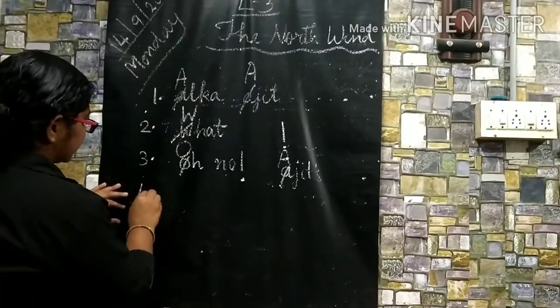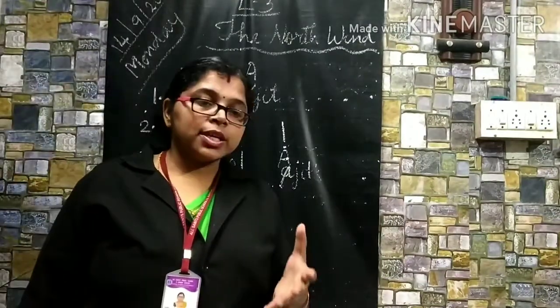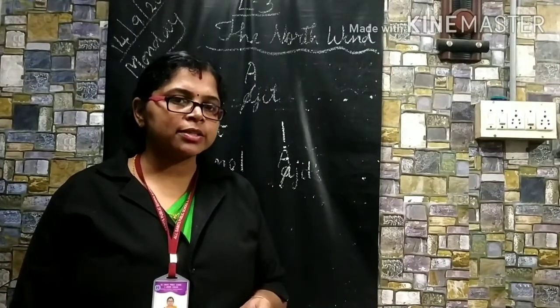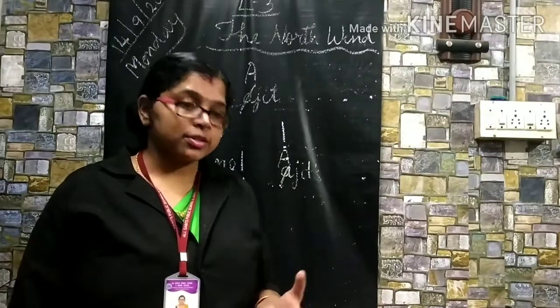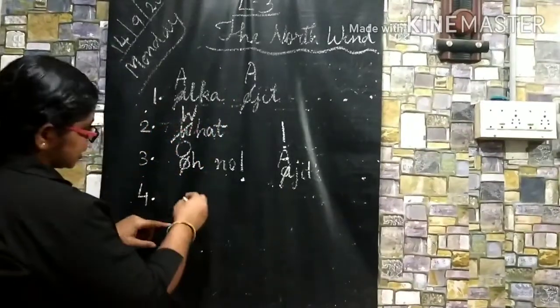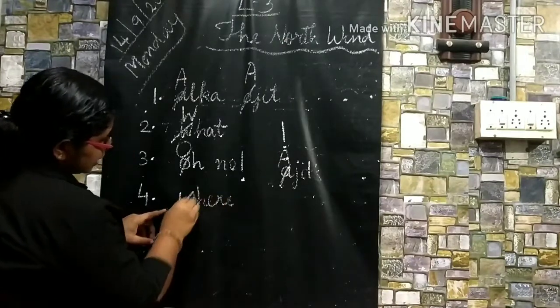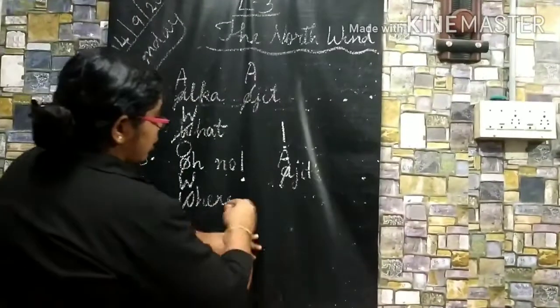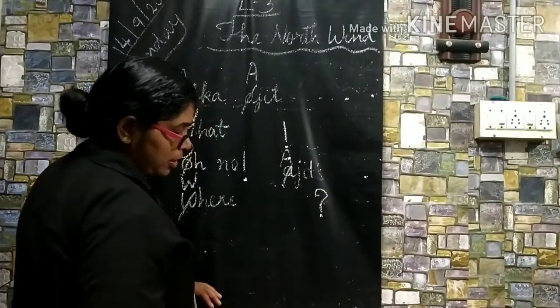Now the fourth one. Where is his cap now? Now what is this, children? What type of sentence? Yes, this is a question asked. So first letter W will be capital, and then after completion of the sentence put a question mark.